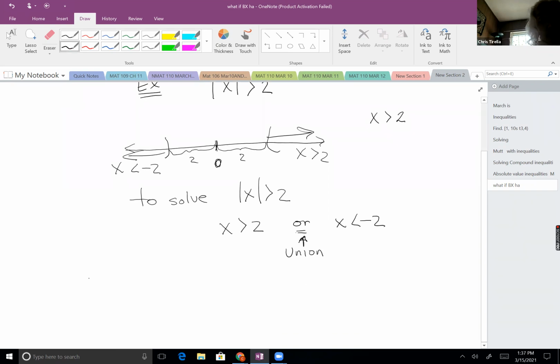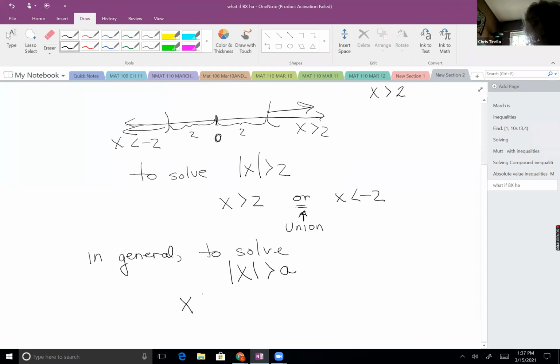And so we'll say, in general, to solve the absolute value of x is greater than some quantity a, we get as our solution x is greater than a, union x is less than negative a.